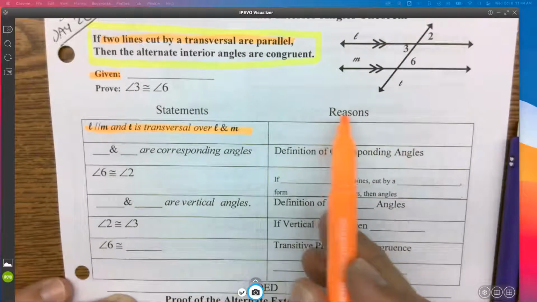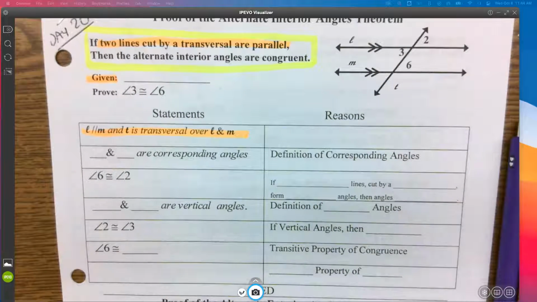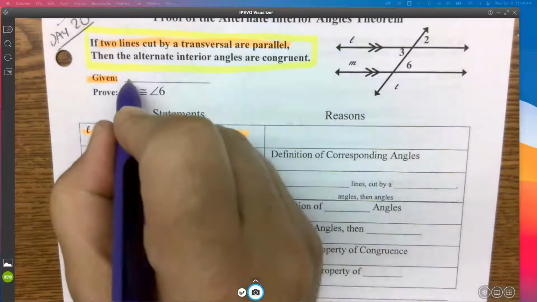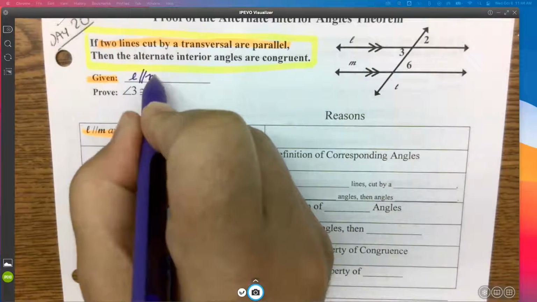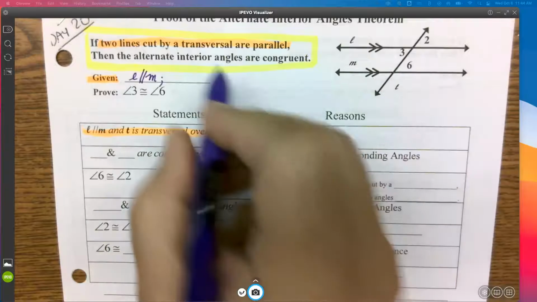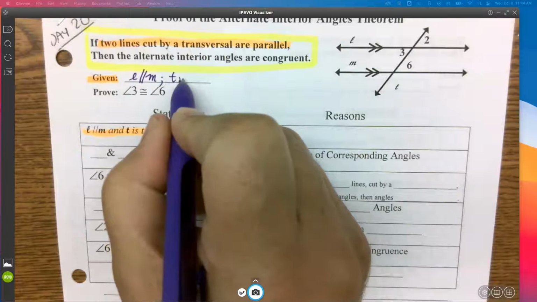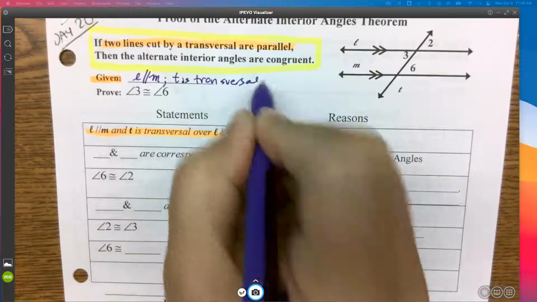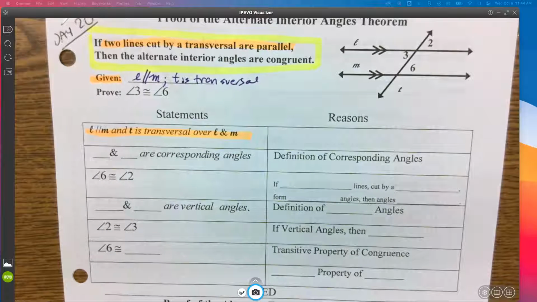Specifically, I've got a picture over here. And so I need to demonstrate what it is that I need. Well, I need L and M to be parallel. And I need T to be a transversal. That then satisfies my hypothesis.